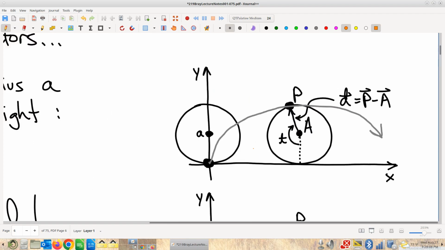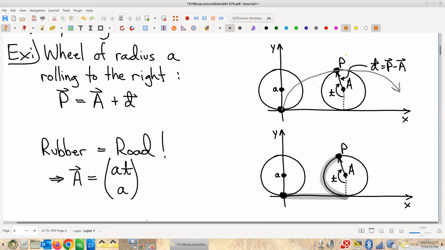Okay, observation number 1. Thinking about the axle. The axle, of course, is going in a straight line like that. Notice the y-coordinate is constant. The y-coordinate of the axle is just the radius of the wheel, so boom, that's an easy one.